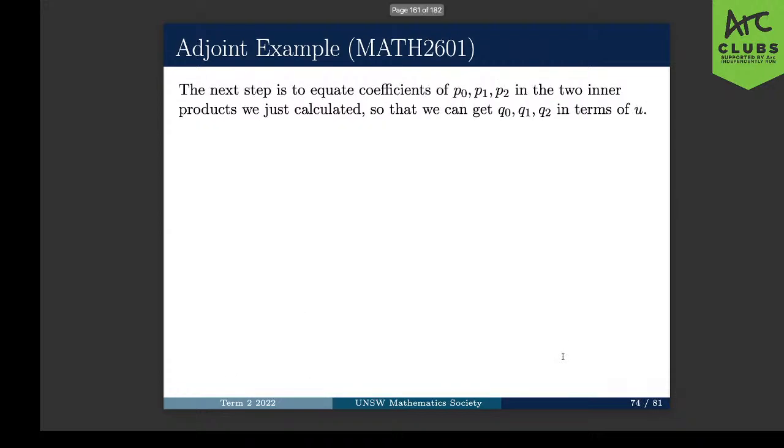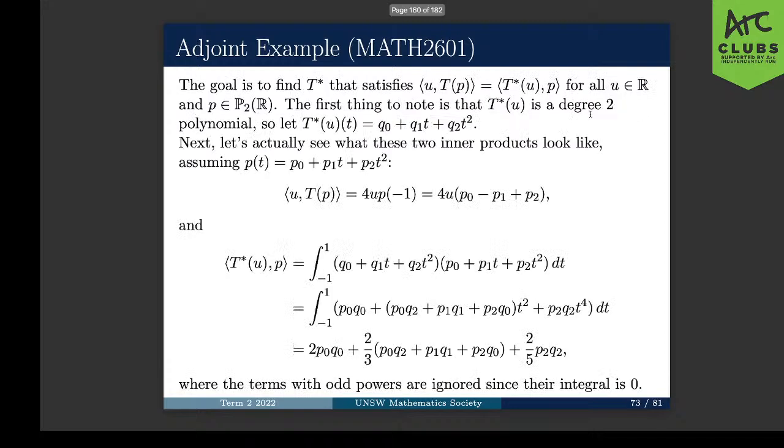Okay, so remember, our goal is to find q0, q1, q2 in terms of u, because we want an explicit formula for T star u. We can't have arbitrary coefficients; they need to come from u. That's the only thing that determines the coefficients of the polynomial.